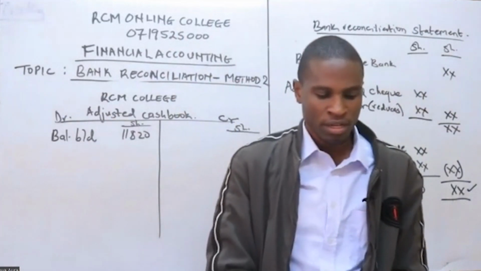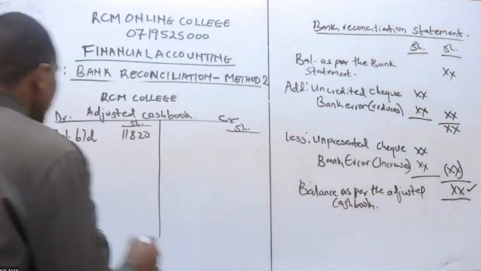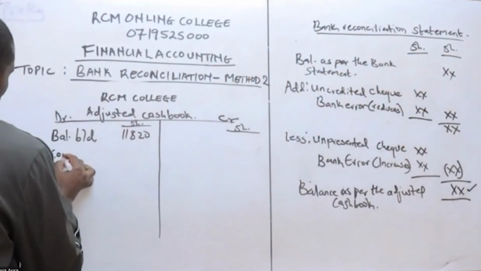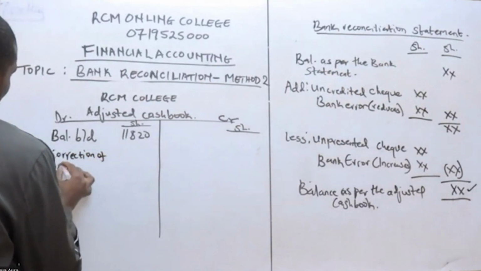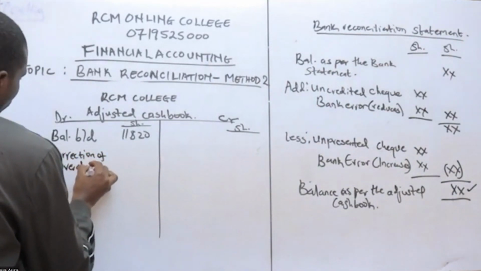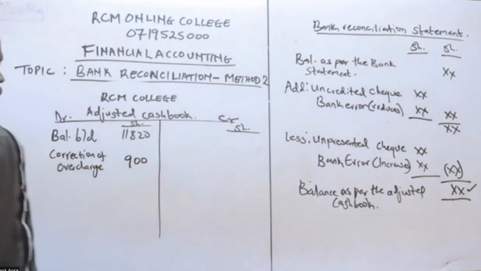On my end, I can see this is giving me 900. Therefore, correction of overcharge. So we correct that with 900 shillings.